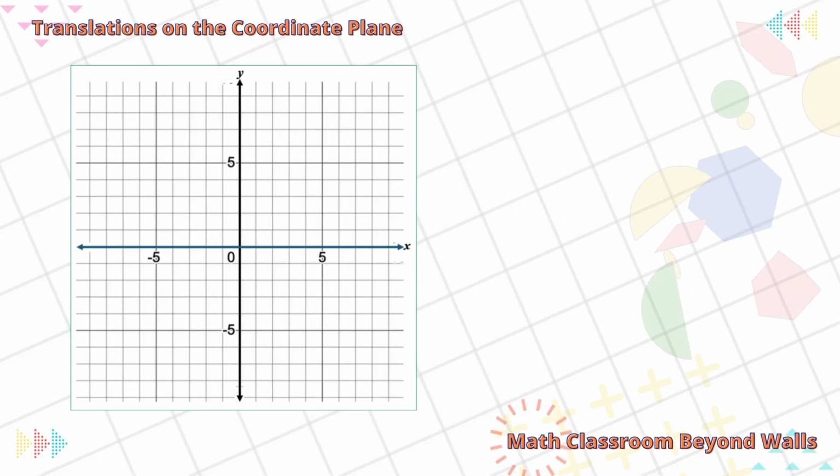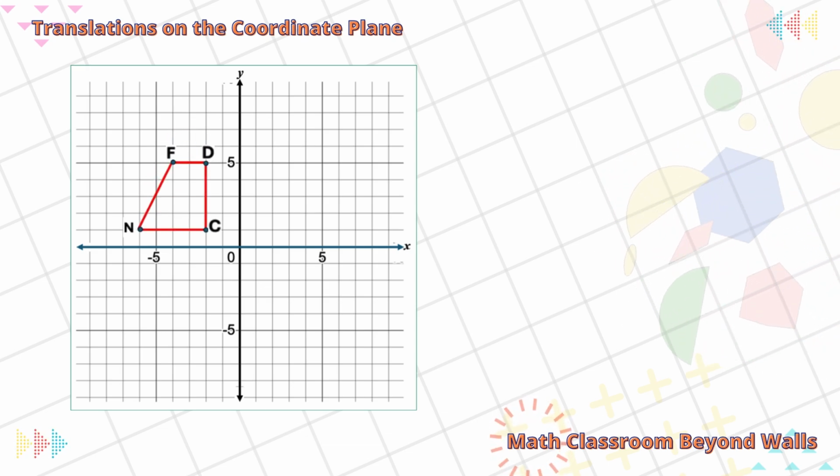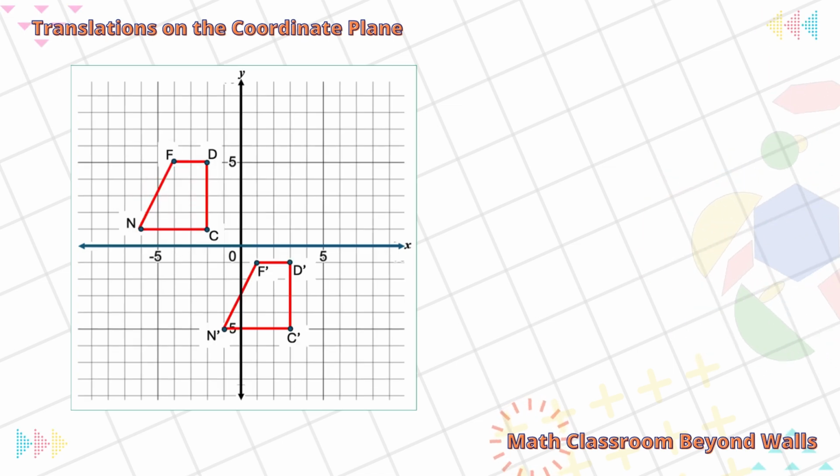Let us have quadrilateral NFDC on the coordinate plane. Quadrilateral NFDC is transformed to form quadrilateral N prime, F prime, D prime, C prime as shown here. Can you tell what type of transformation mapped quadrilateral NFDC to quadrilateral N prime, F prime, D prime, C prime?